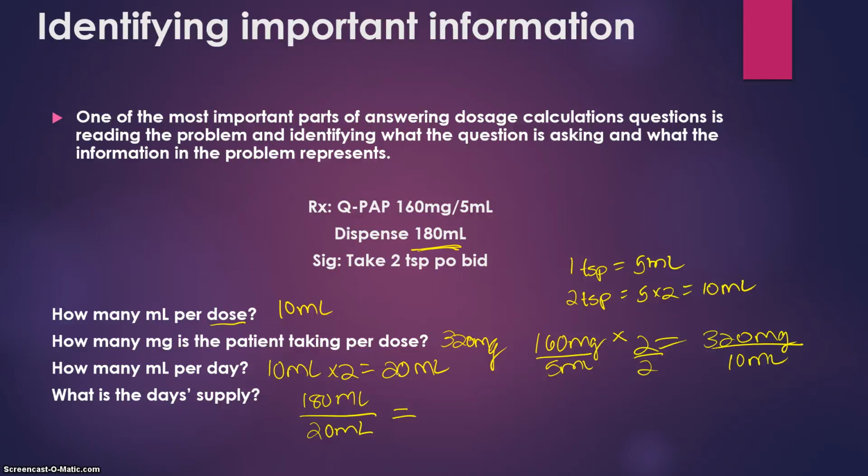So it is a 9-day supply. And what we did here is we did the dispense divided by the total daily dose, and that gave us the day's supply.